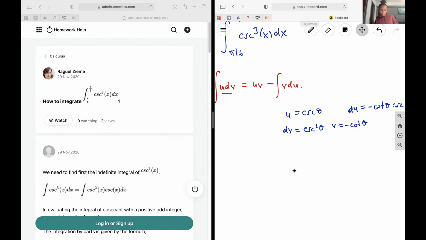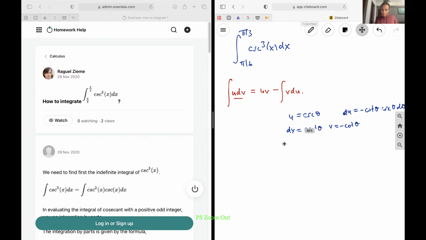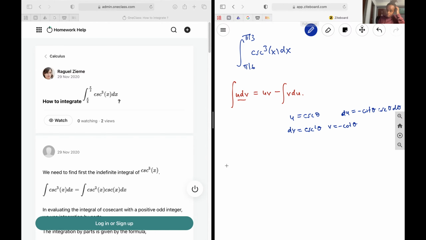Okay, so using this formula that we have here, we get that the integral from pi over 6 to pi over 3 is equal to uv, so cosecant theta multiplied by negative cotangent theta, minus the integral of negative cotangent theta multiplied by negative cotangent theta cosecant theta d theta.